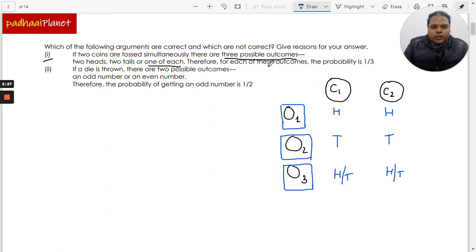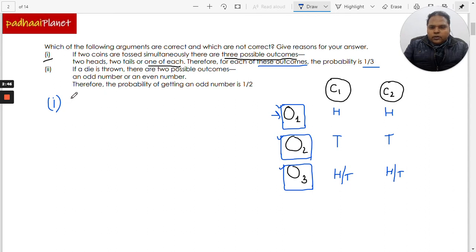Now what they are saying is, therefore for each of these outcomes, the probability is 1/3. Now let's just calculate this for question number 1. So let's calculate first the probability of the outcome number 1.